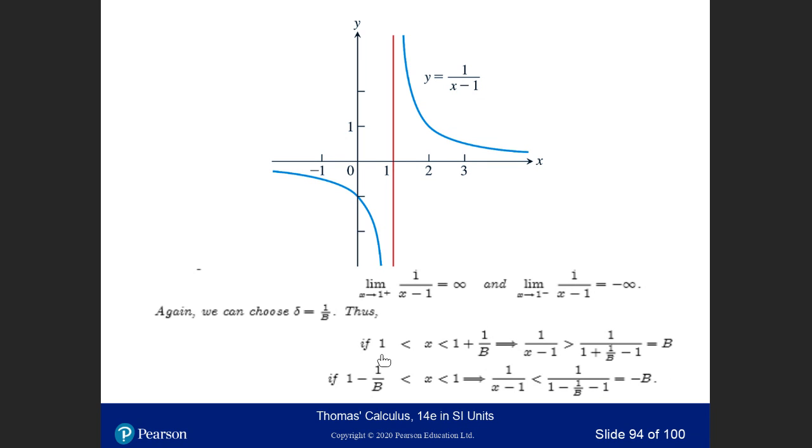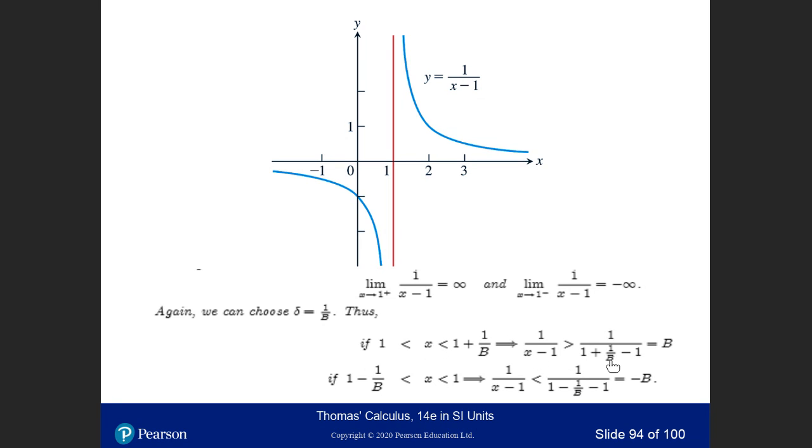The delta I choose is 1 over b, so this is a right interval on the right of 1. x is greater than 1 and less than 1 plus delta, that's 1 over b. So I look at 1 over x minus 1. Now x is less than 1 plus 1 over b.